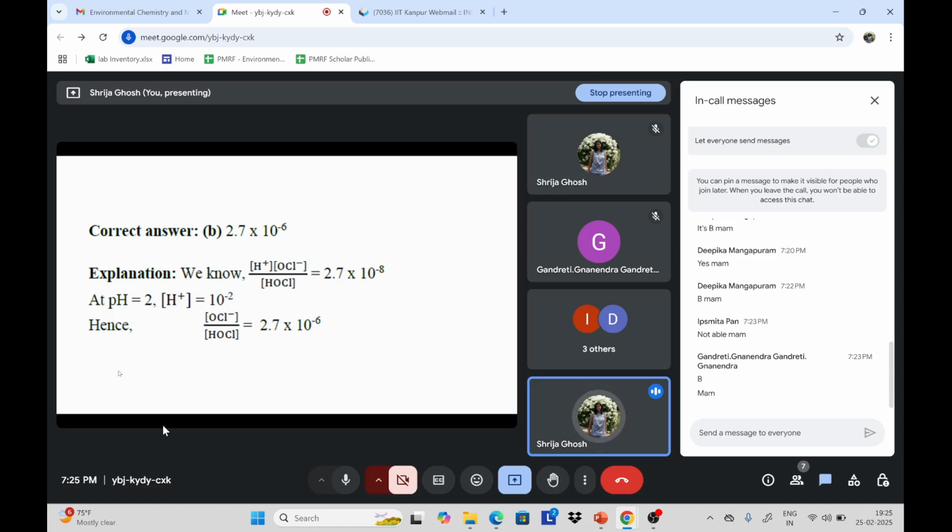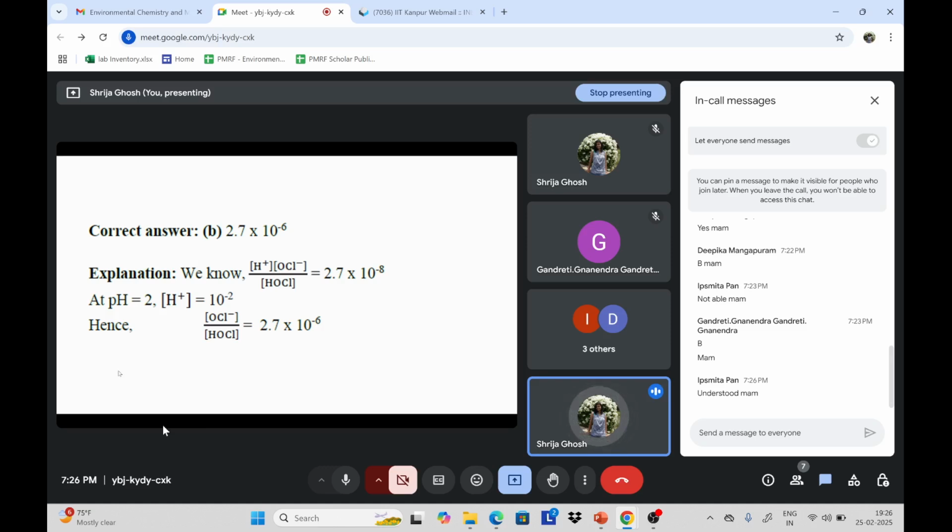I can explain it again. Okay, great. Others also have understood the solution, I hope. Two of you have already written option B, so I'm assuming you got the answer correct. And this is how you must have solved it as well.